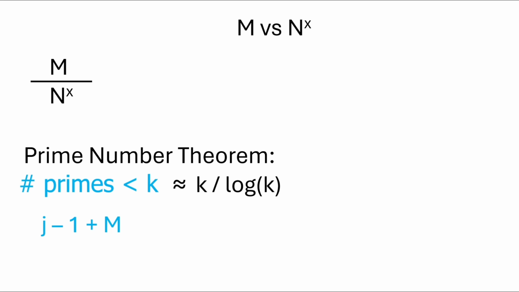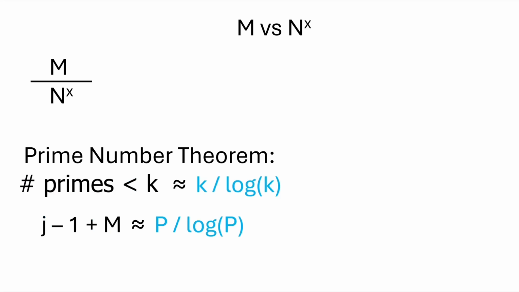If you recall, we did use p sub j. So that means p sub j minus 1 is the last one that we did not use, right? So we're going to have first j minus 1 primes. Those are the ones we don't use, plus the ones we do use, and we call that capital M. So you add those together, and that's the total number of primes in a series up to big P.